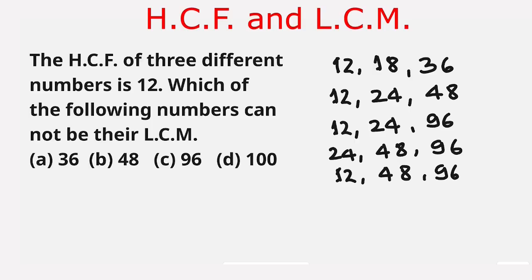But 100 cannot be the LCM of the numbers whose H.C.F is 12, as 100 is not a multiple of 12. And from the given options, our answer is option D, 100. I hope you have understood the method of solving such type of questions.